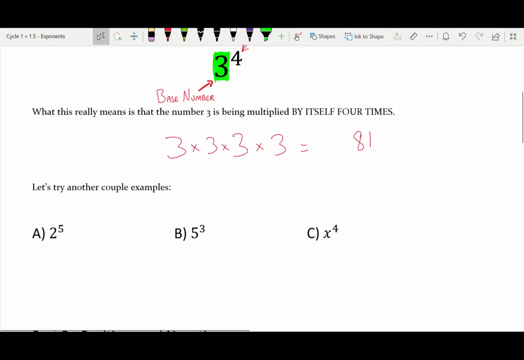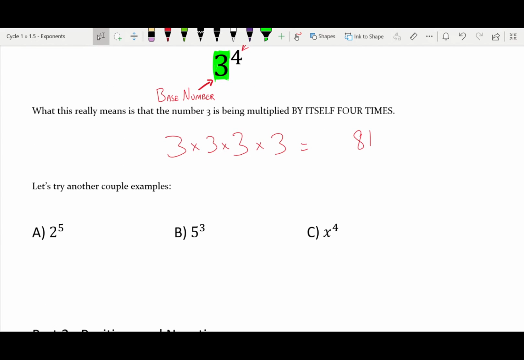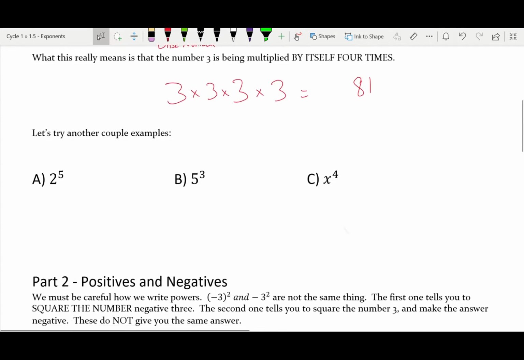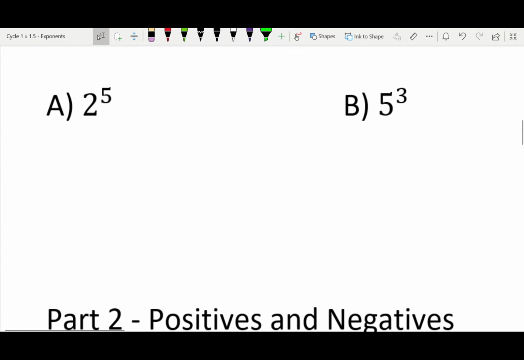If I'm doing other examples, 2 to the power 5 is really just 2 times 2 times 2 times 2 times 2. That's confusing if you do it on your calculator. It's annoying, like, wait a minute, how many times did I just multiply? So you can get messed up.